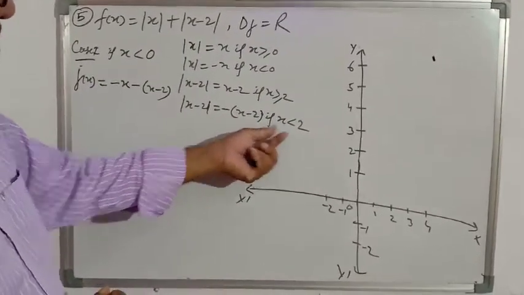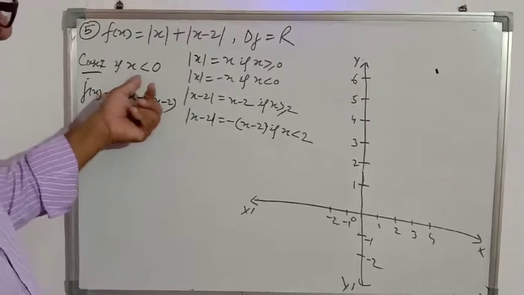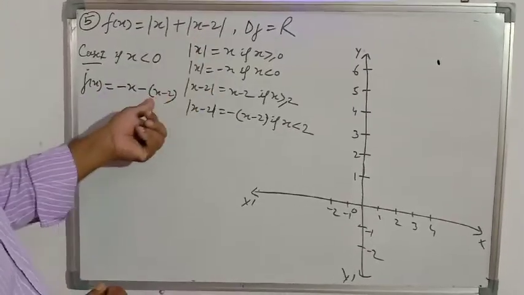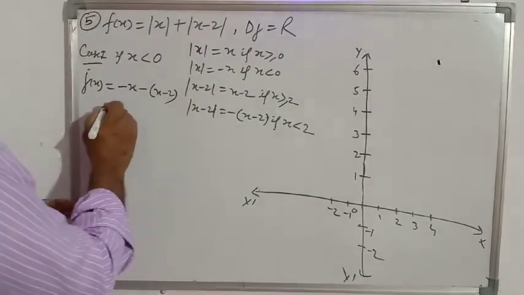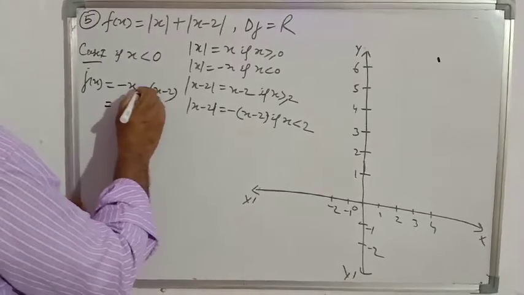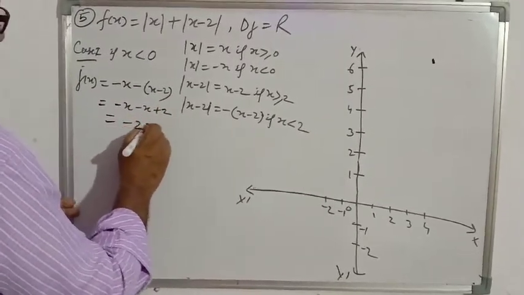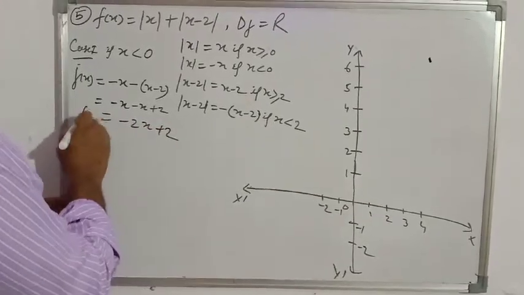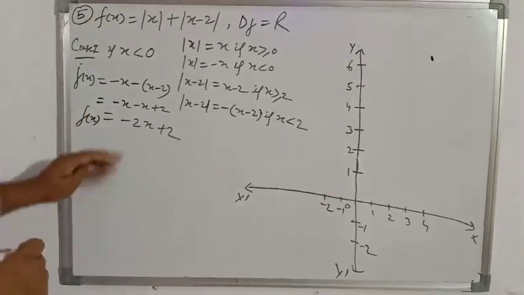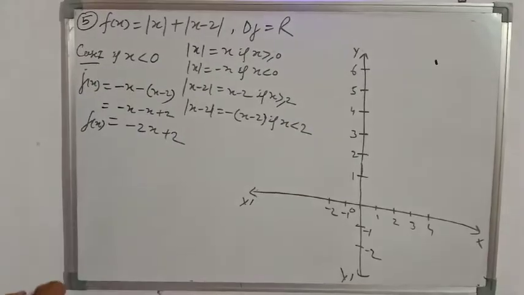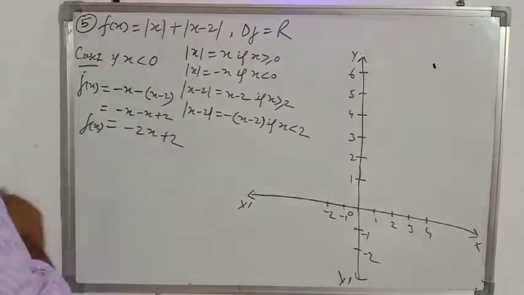Simplify it: minus x plus 2 minus x, minus 2x plus 2. So f(x) is equal to minus 2x plus 2. This is the first case.